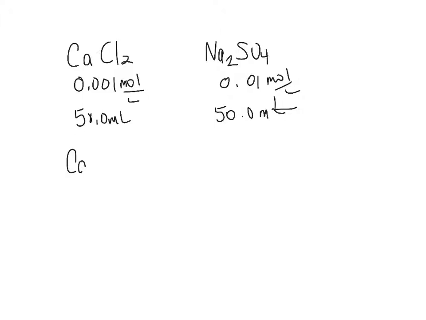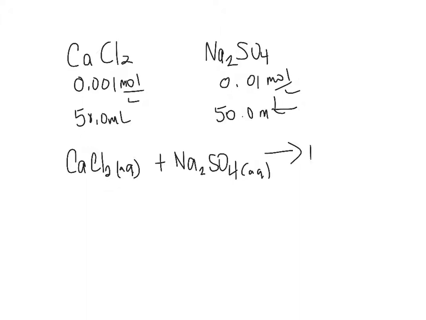So we have calcium chloride and sodium sulfate, and they will make sodium chloride and calcium sulfate.